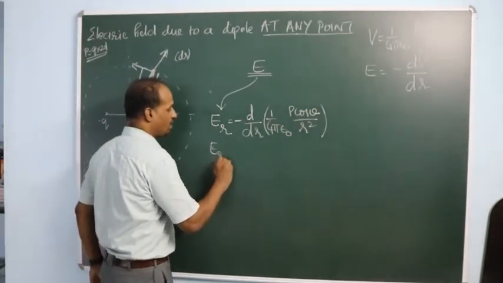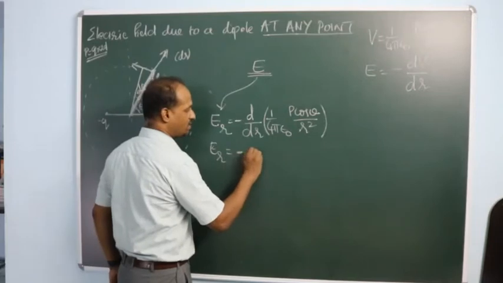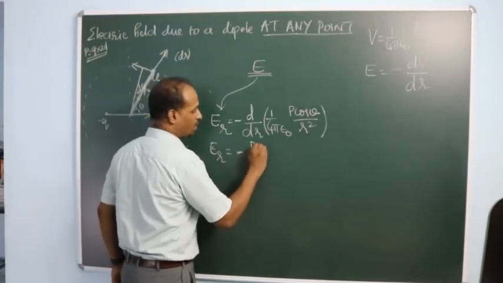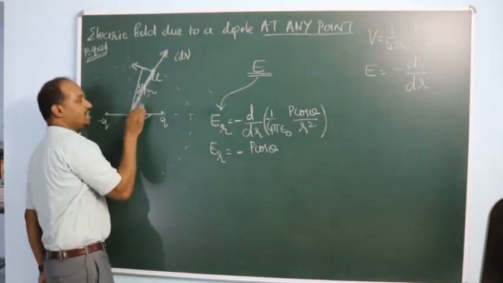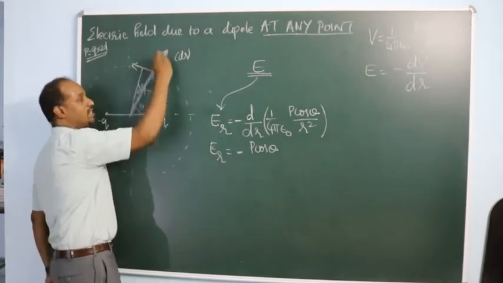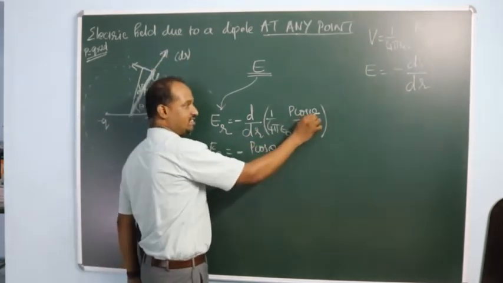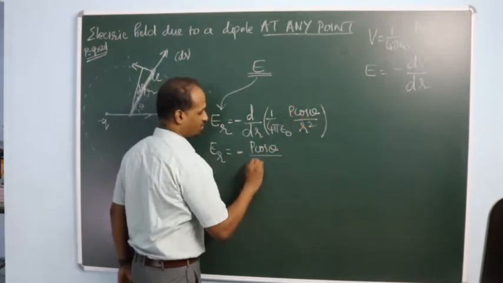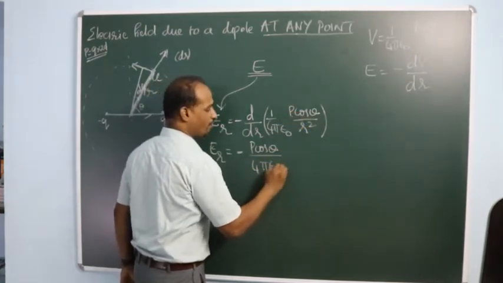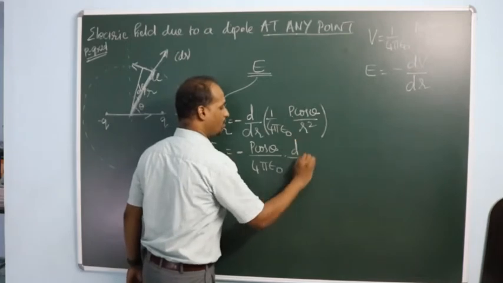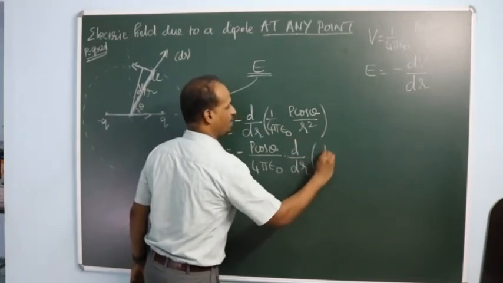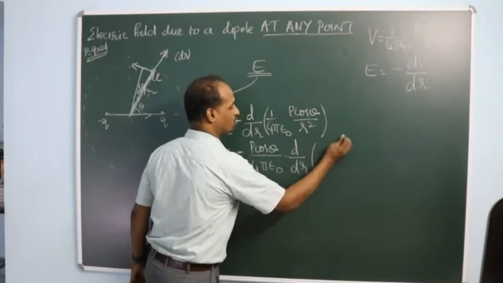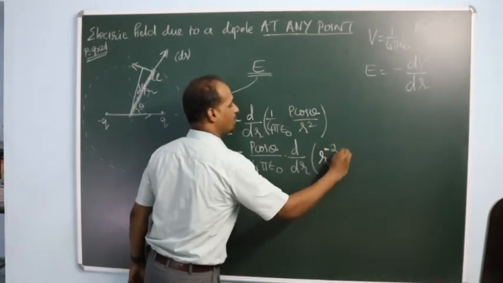So what is E_r now? E_r is equal to minus d by dr of V. When you move along this direction, theta does not change, only the r changes. So cos theta is constant, P is constant, everything is constant. So P cos theta by 4 pi epsilon naught into d by dr of 1 by r square. 1 by r square can be written as r power minus 2.